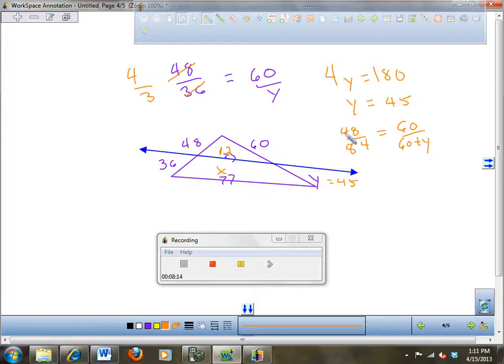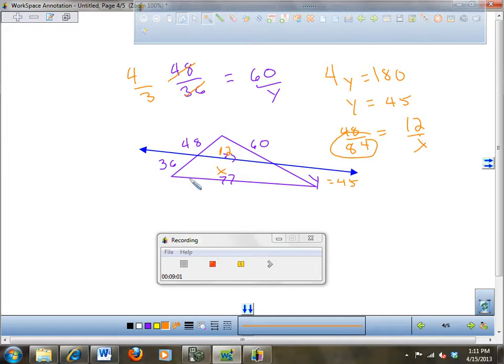You could say 48 is to 84 as 12 is to x. That would work, but not 48 is to 36 as 12. You could say that 48 is to 48 plus 36, which is where the 84 came from, equals 12 over x, because this is a whole side of that triangle, you see? So you've got to be careful with that.